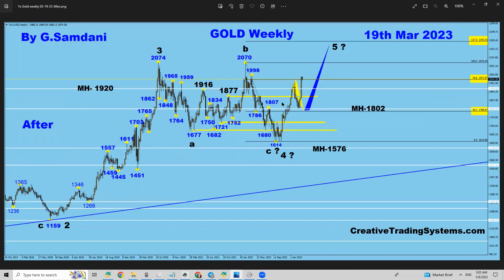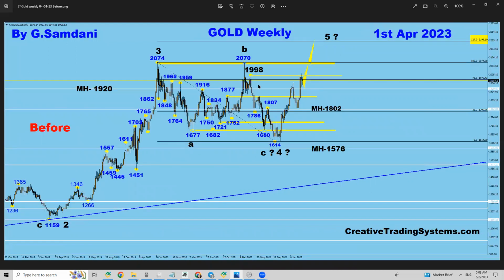And now this is the chart on 18 March. And this is another one, that 19th. Let me see what is the last. Okay, this is the one. So April 1st, I made this chart as well. Once we hit that 1998 area, that big yellow band is still up there. So I said maybe we're going to drop here, to like 1920, and then go up.